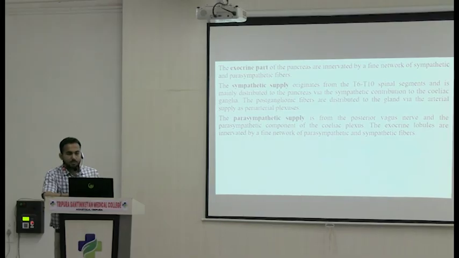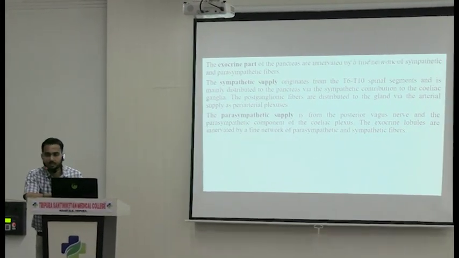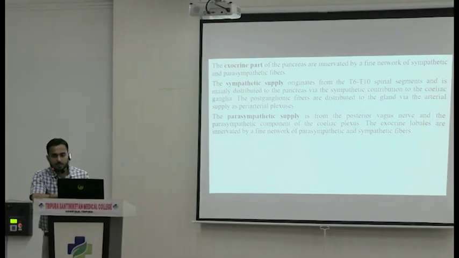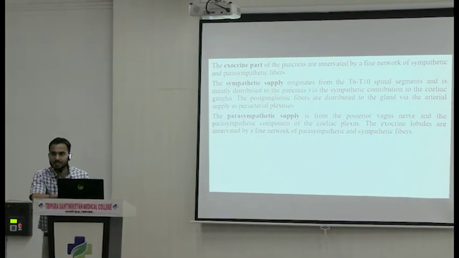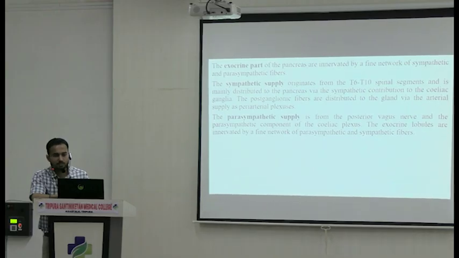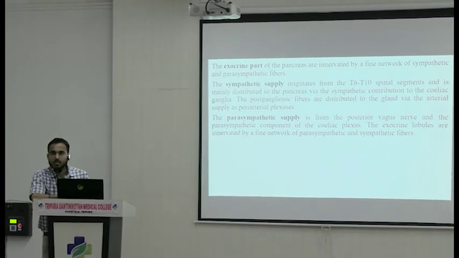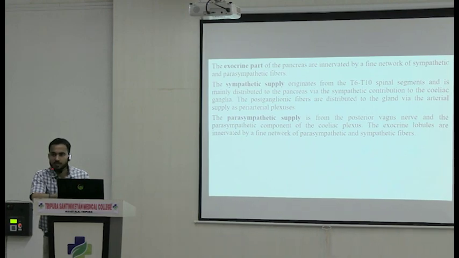So, what about the sympathetic nerve supply, where is it coming from? The sympathetic nerve supply for the pancreas is coming from the T6 to T10 segments of the spinal cord, and it is distributed to the pancreas via the sympathetic contribution from the celiac plexus. The celiac plexus is one of the largest autonomic plexuses present in the posterior abdominal wall.